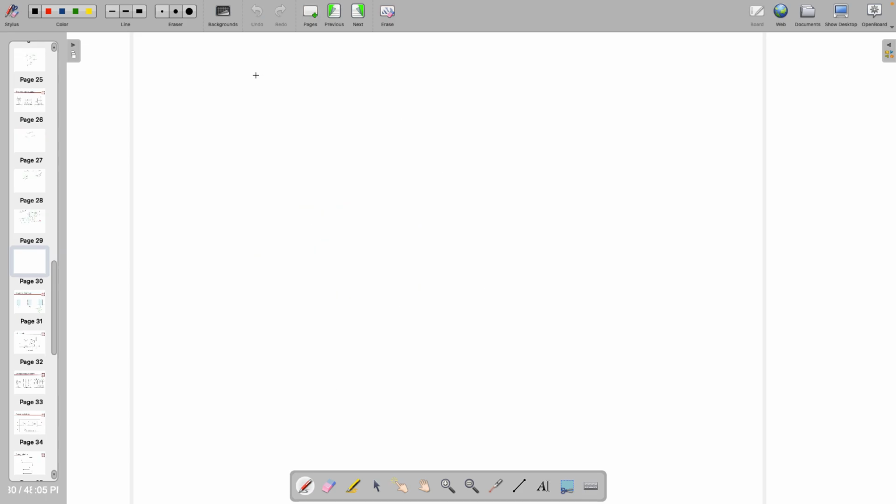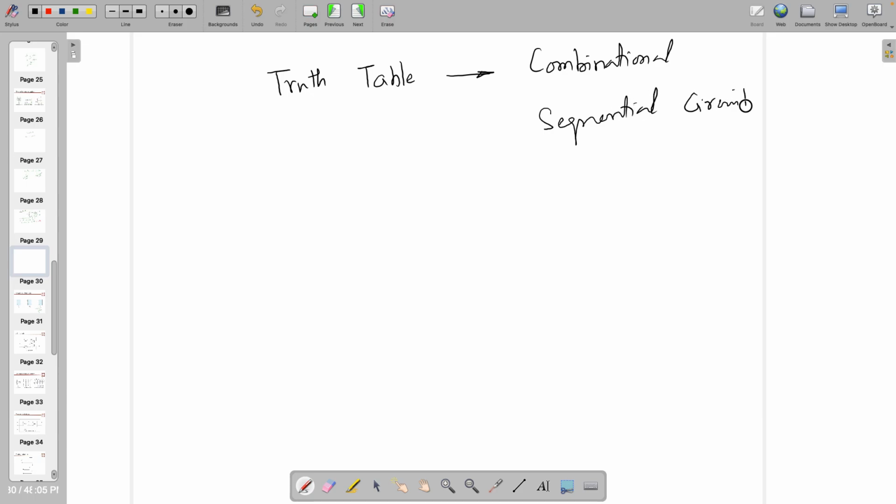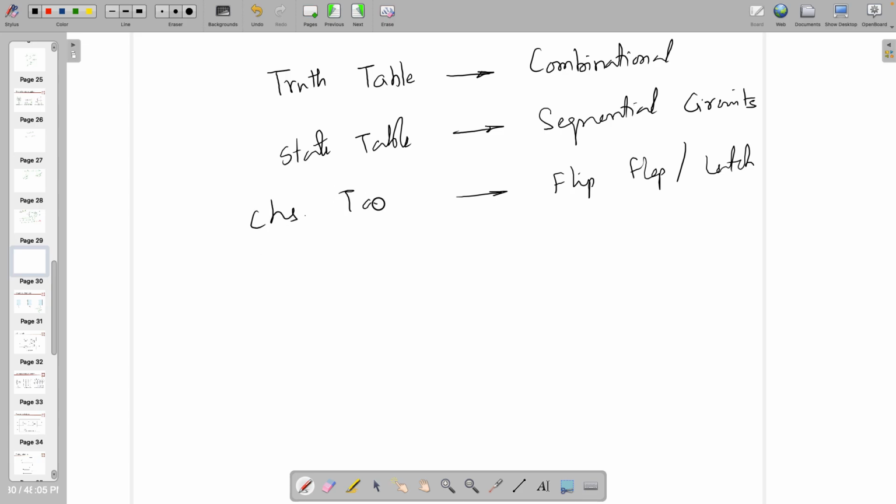Okay, so there are various things I need to say in this case. A truth table is generally applicable for all combinational circuits. For sequential circuits, it's a state table. For a flip-flop or latch, if you are writing any such table, it is known as a characteristic table.